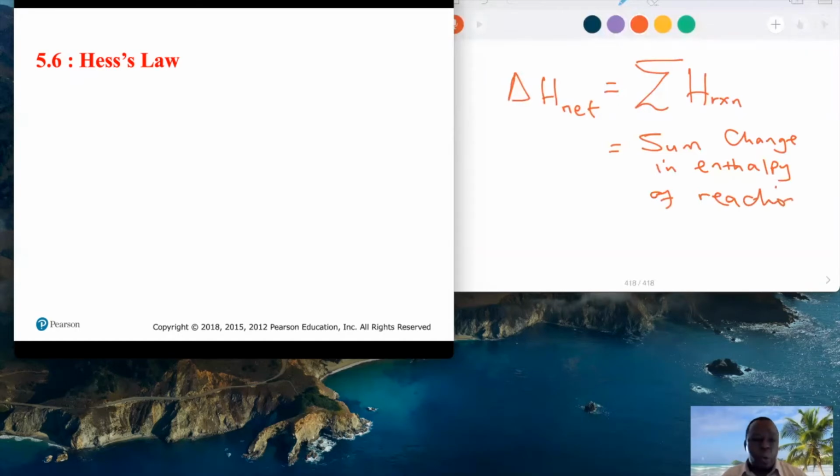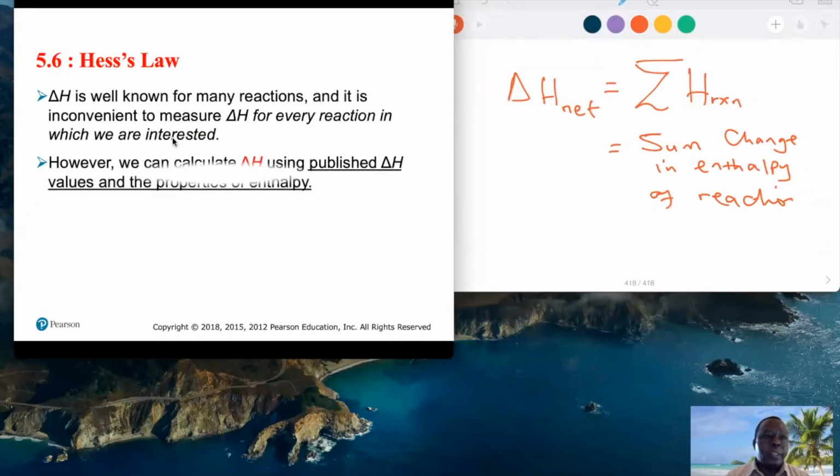So how do we use this? If we have the change in enthalpy for many reactions, we can find the sum, that is the overall.